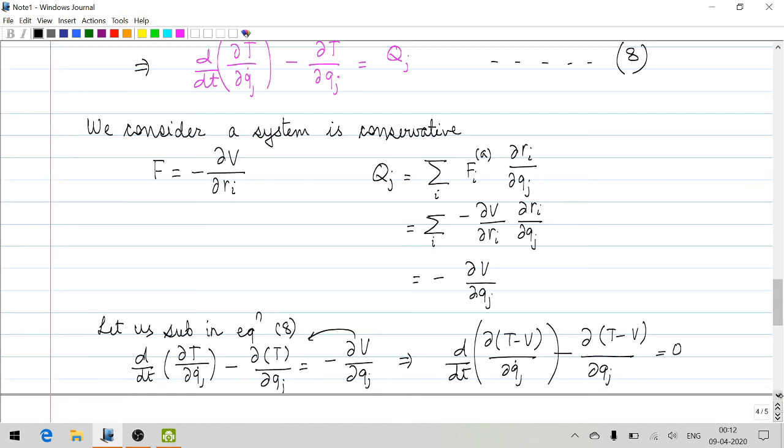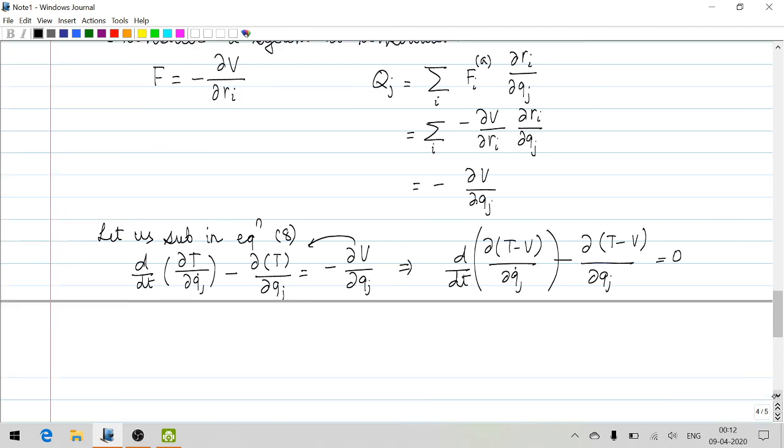This I can write because V is a function of Ri alone, which implies dou V upon dou qz dot is equal to 0. So adding or subtracting 0 will not make any difference. So let us take this as equation number 9.